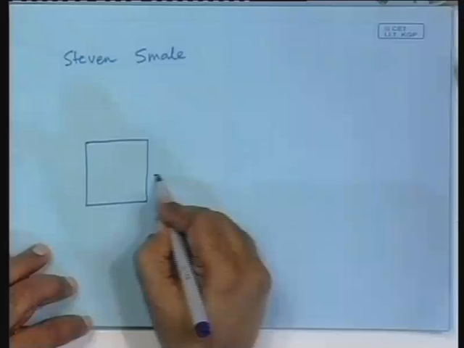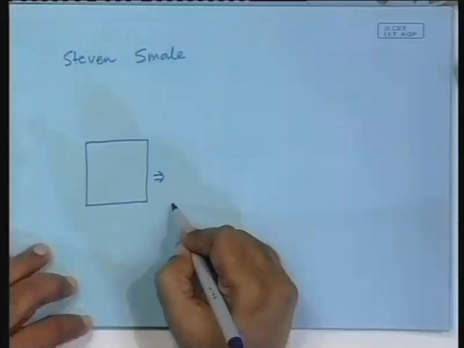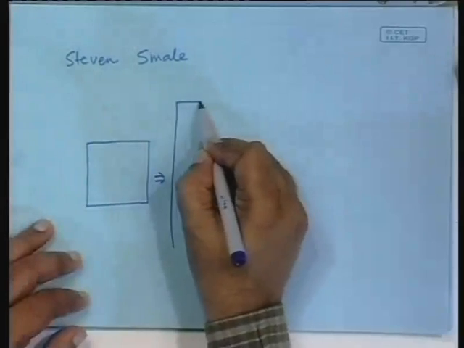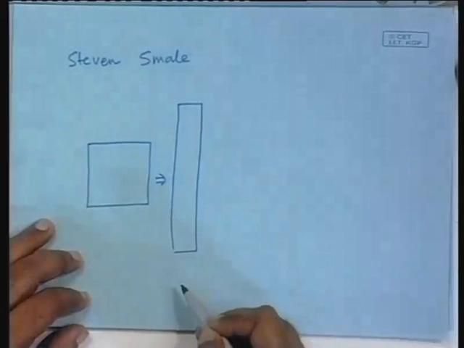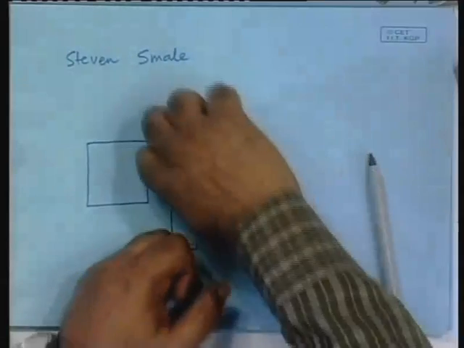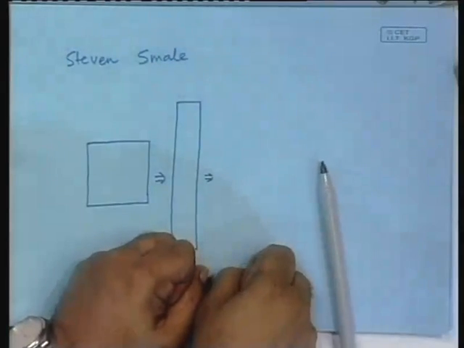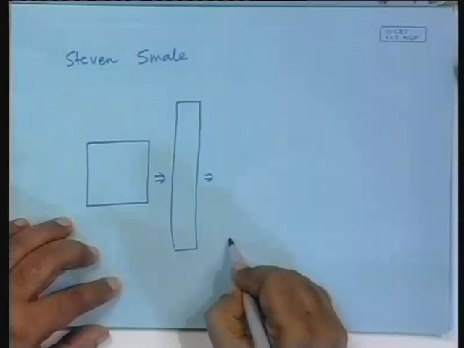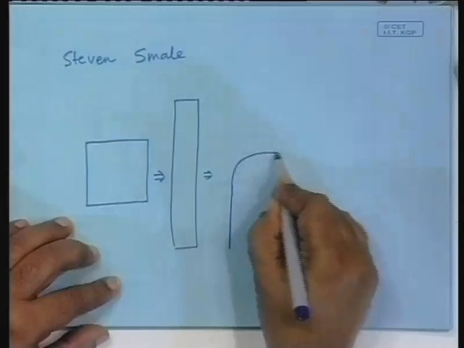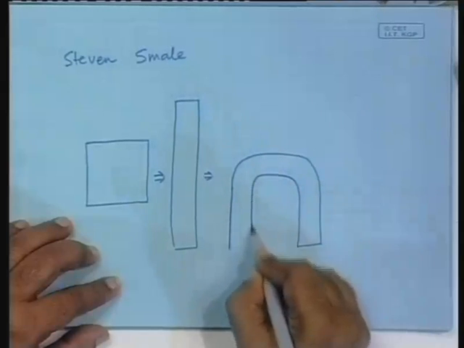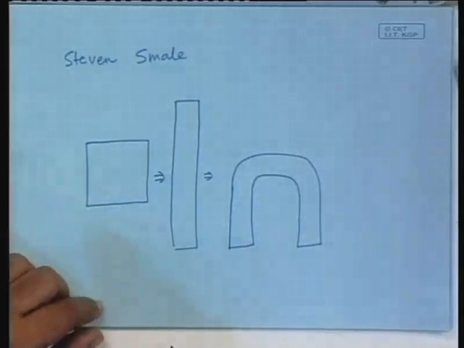In the first process he will stretch it, which means that this will become longish, but this side will shrink. In the next process he will take it and bend it like a horseshoe. So it will take the shape like this. Fine.